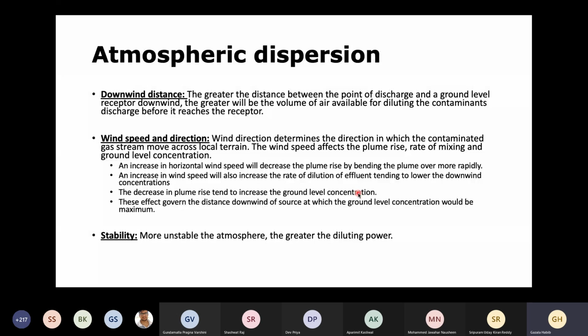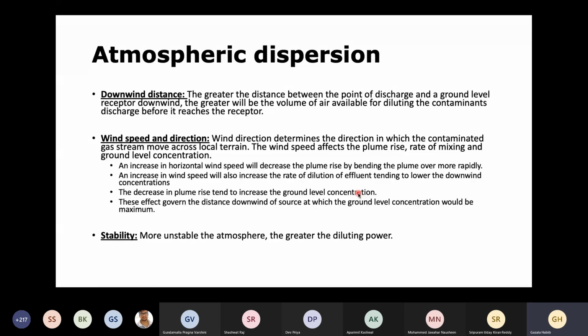For ozone, which is highly reactive, the limit was defined for an 8-hour average, and for PM and others there are annual average limits also. For example, for PM they say the 24-hour average limit should not exceed 60 or 80 microgram per meter cube, while the annual average should not exceed 40 microgram per meter cube.